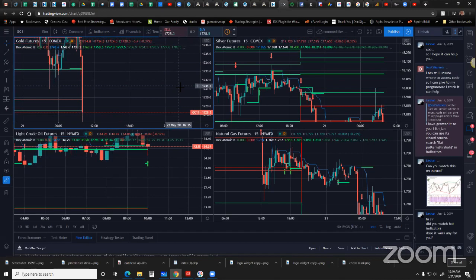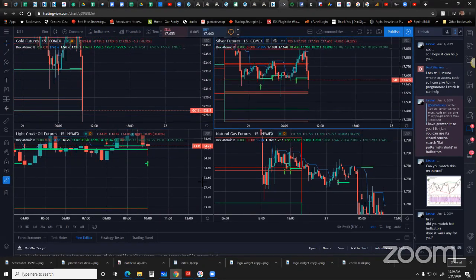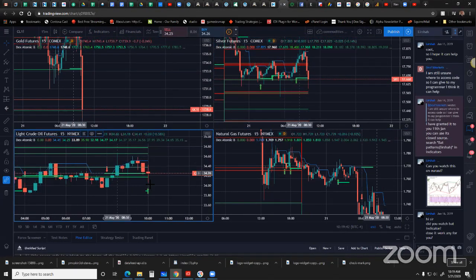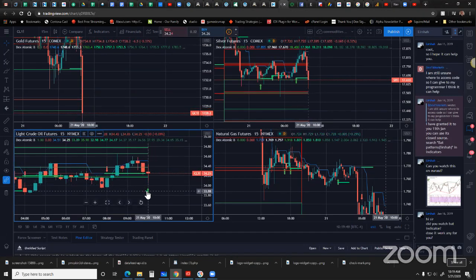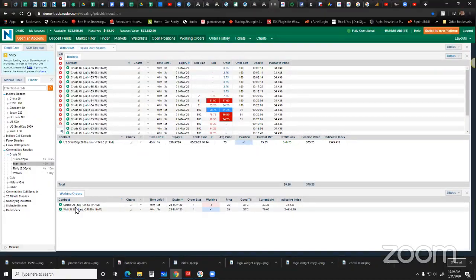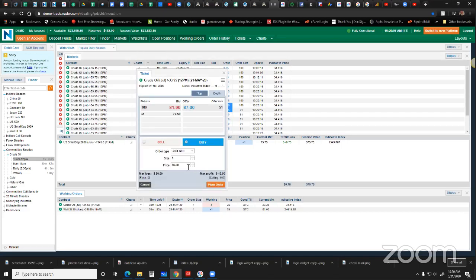This is what happens, everyone. There's gold shooting its little mouth off. And there's crude again, also has a signal on for the 2 hour, but on the buy. That's wild. Here's our line down here, 33.95 on the buy for 12.